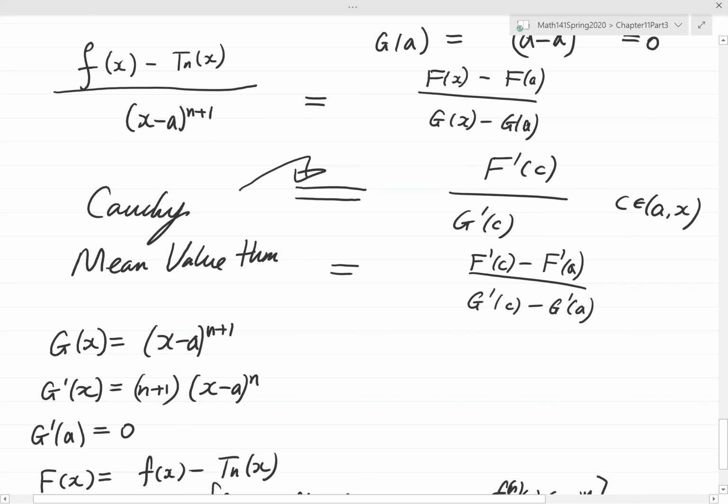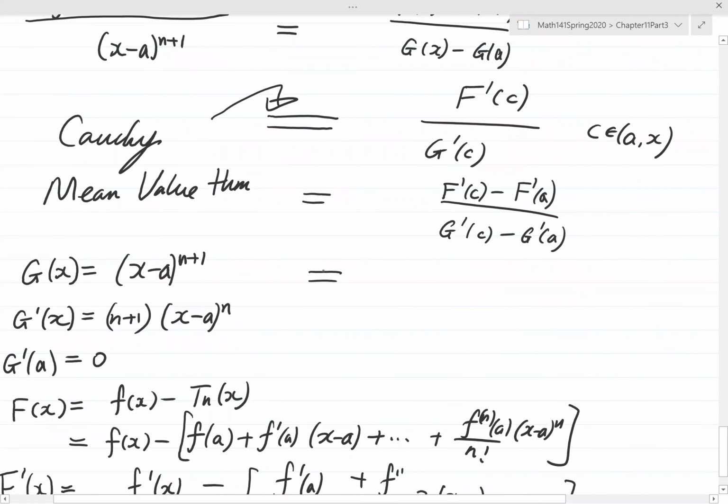Now we can apply the Cauchy Mean-value theorem again, to F' and g'. Let's use c1, which is between a and c. Then we get F''(c2) over g''(c2).